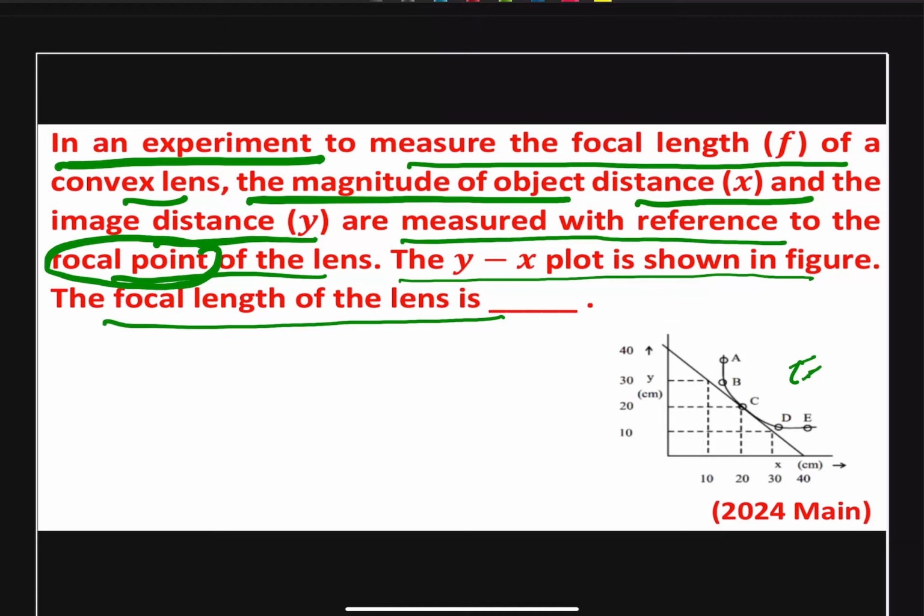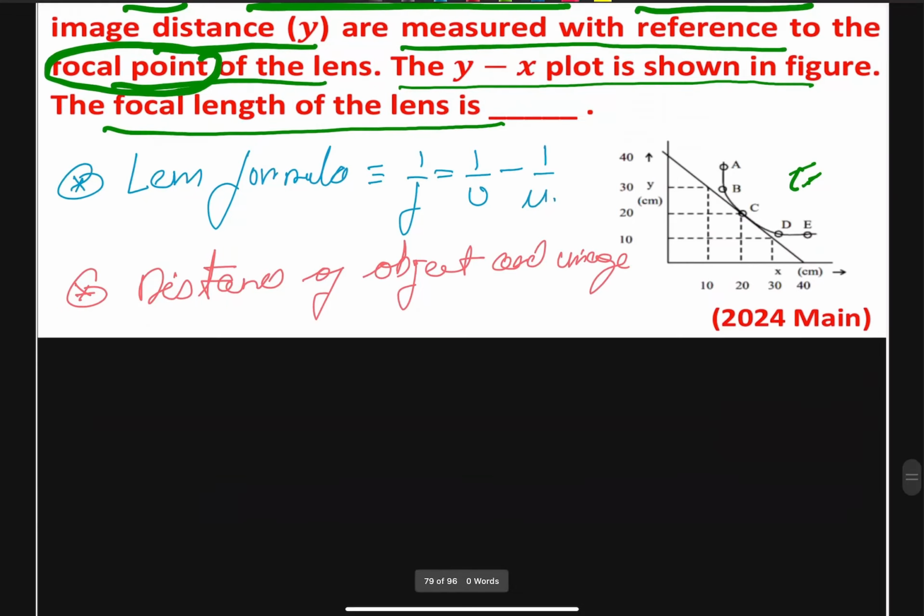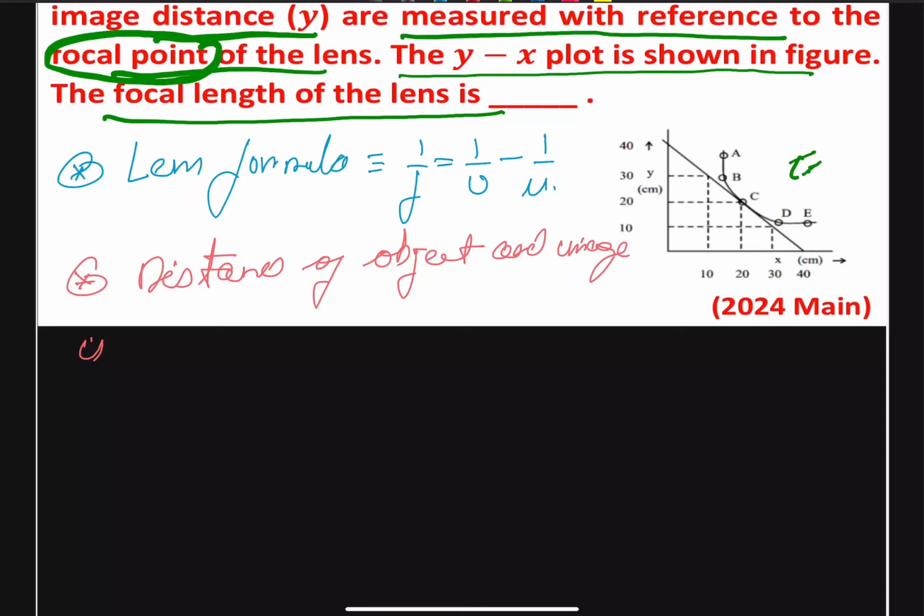So we know the lens formula, which gives us 1 upon F is equal to 1 upon V minus 1 upon U, and the distance of object and image is measured with respect to focal point.